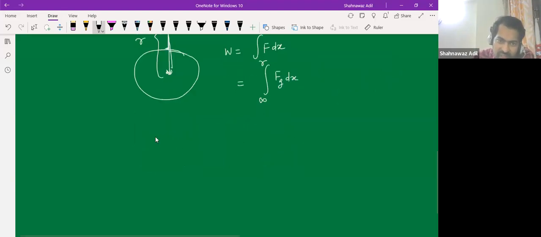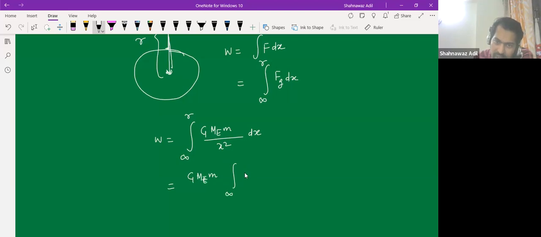Then we just have to integrate this, from infinity to r, of G M_E m divided by x squared. G, M_E and m are all constants, so we can take them outside, and the integral is 1 over x squared dx.